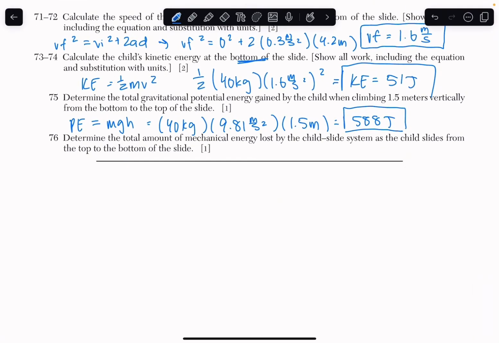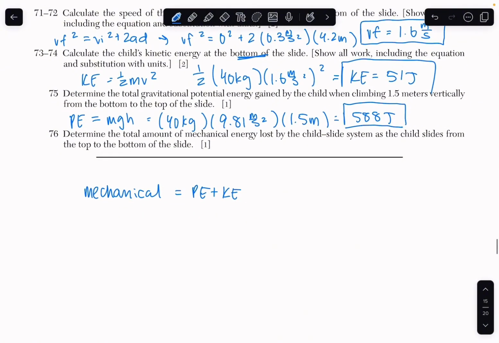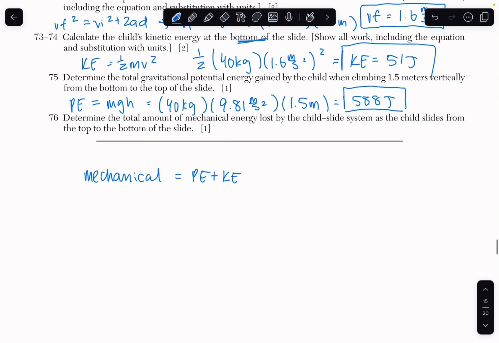76. Determine the total amount of mechanical energy lost by the child slide system as the child slides from the top to the bottom of the slide. So remember, mechanical energy is just equal to PE plus KE. So in this system, there is 588 joules of potential energy and 51 joules of kinetic energy.